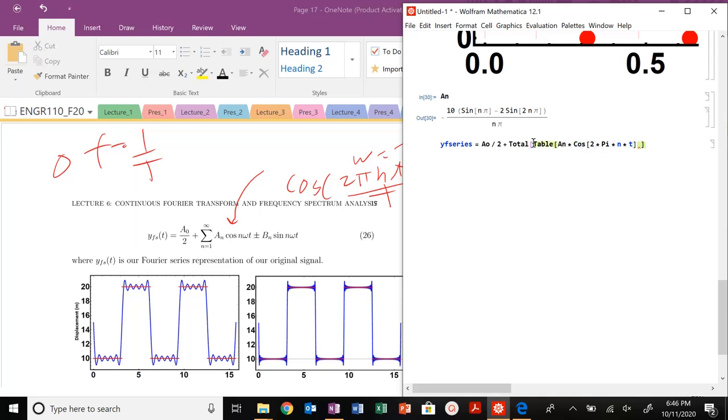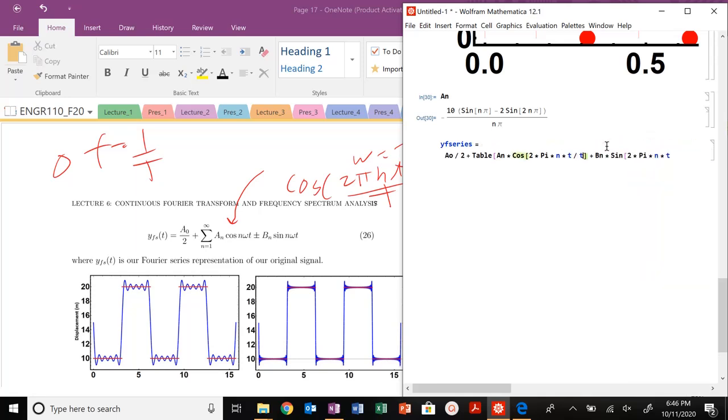I really don't like having the total here first. So let's do a table first, because we need to do the sum. So table of this, plus my b sub n times my sine. Again, this plus or minus will just be determined by the sign of your harmonic coefficient. So sine of 2 times pi times n times t. Oops, I've got a mistake.